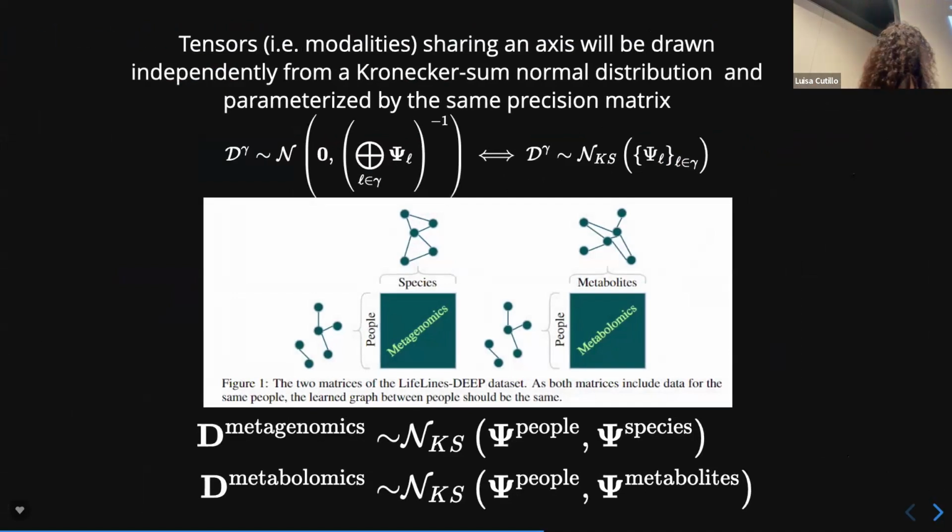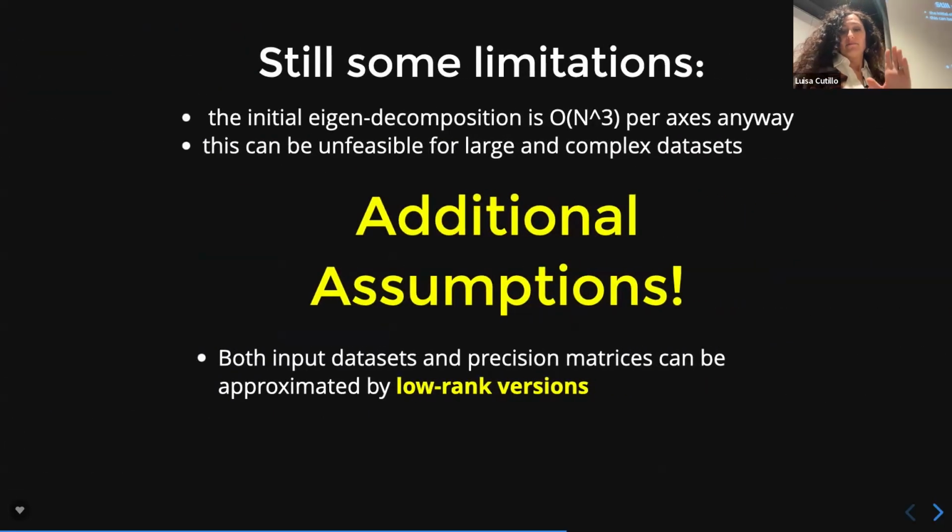We use this Kronecker sum normal distribution for each one of the modalities, and we use the same parameterization for the same axis, for the shared axis. Okay? That's the idea. And that's the answer to the question that you were asking before.